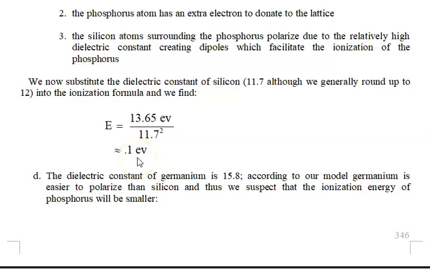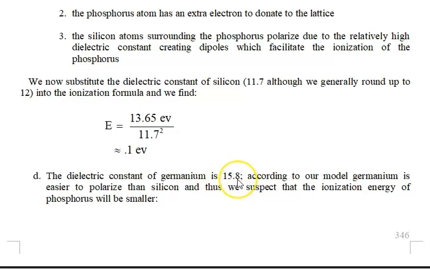And we're going to see that that more or less is reasonable for silicon in this particular case. And the dielectric constant of germanium is 15.8.